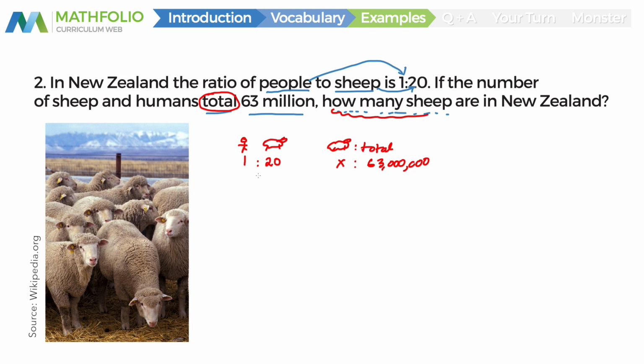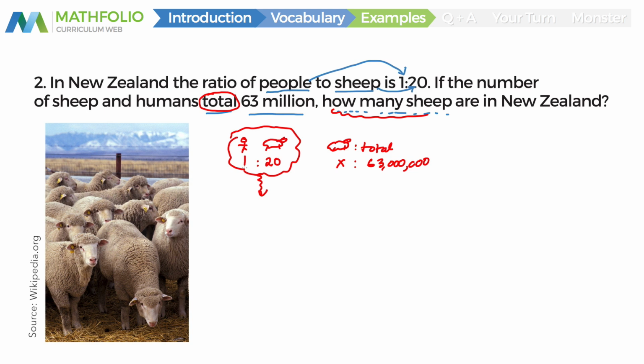So one thing that we can do is try and get this ratio here, the 1 to 20, in the same format as sheep per total. Well, if you imagine that this is a small sample right here, this is the basic ratio, 1 to 20. Well, what would be the total in this little group here?